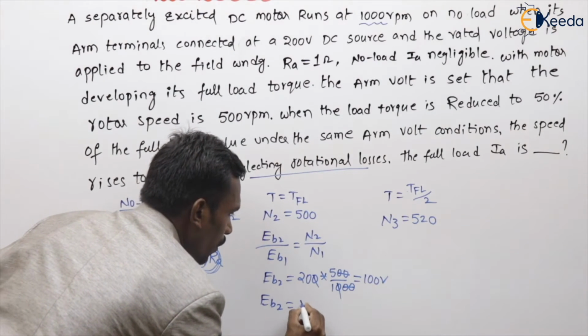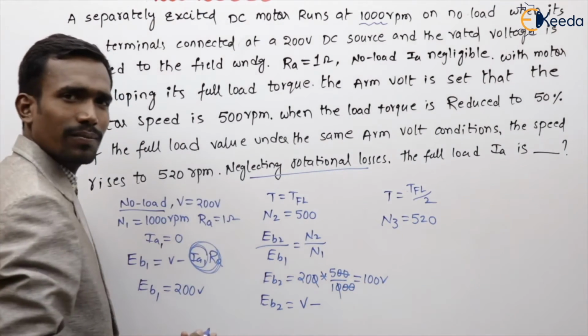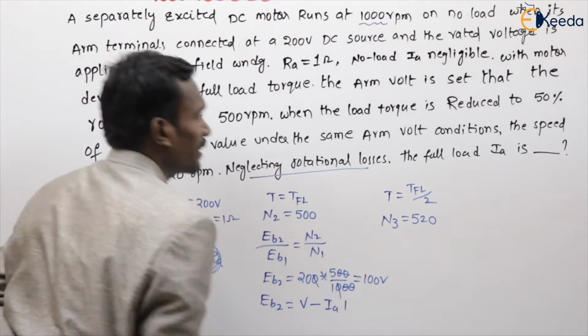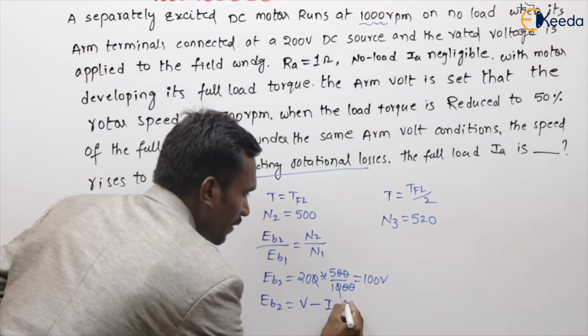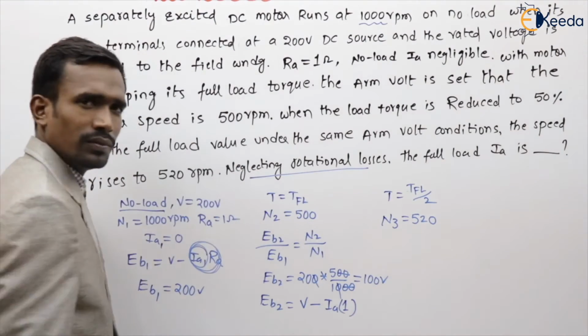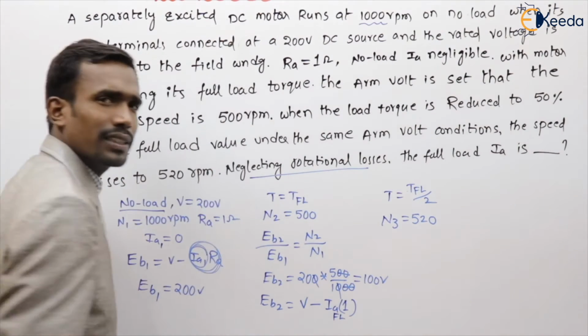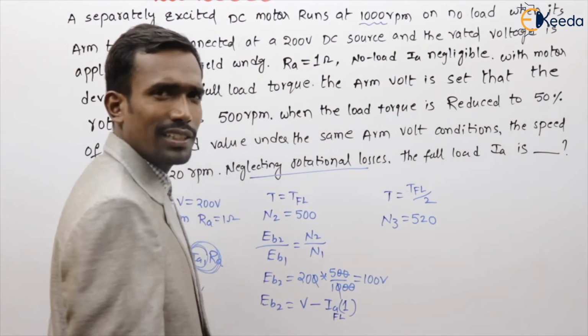is equal to V minus IA RA. RA they have given is 1 ohm. We don't know IA, this is IA at full load. We don't know the voltage also.